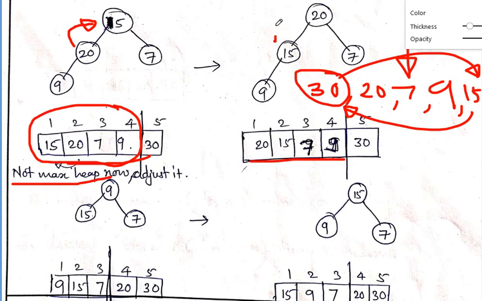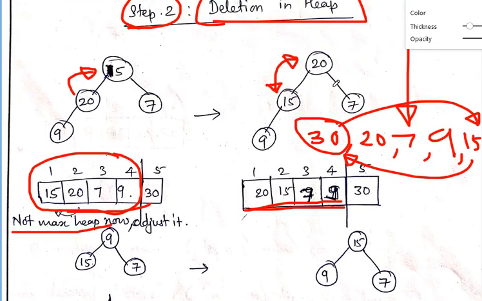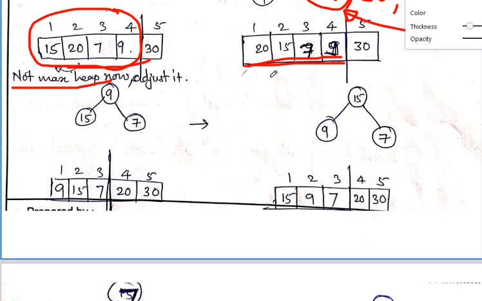Once this swapping is done, 15 will occupy its actual location. This is how the resultant array is obtained. After getting the max heap, we again need to delete this 20. After rearranging the terms, let's delete the maximum term. So 20 will be deleted.